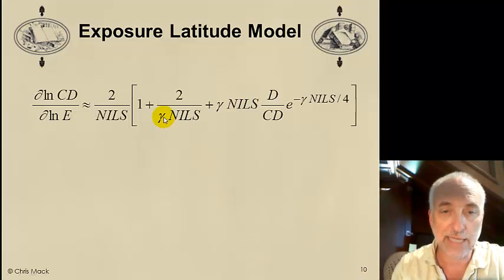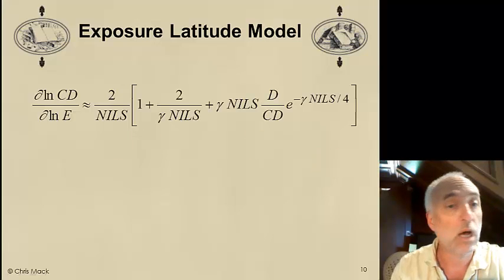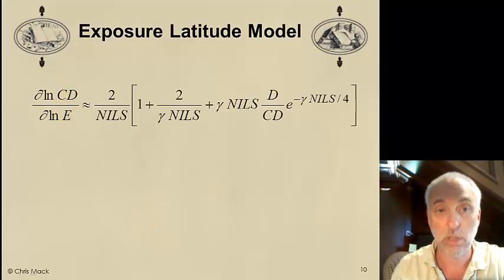Note that gamma, the resist contrast, shows up here, and if I let gamma go to infinity, all of this goes away, and I simply have 2 over NILS, the infinite contrast result. If gamma is less than infinity, then my d log CD, d log E will be larger than 2 over NILS because I'm adding these terms to the 1.